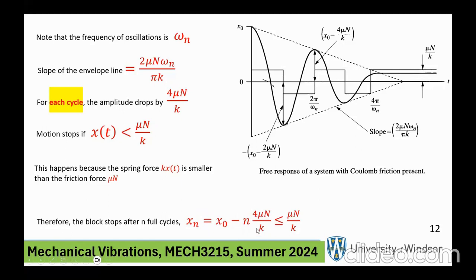See that? For 4 mu N over k per cycle, after n cycles it drops by that much. You start with x naught, drop that by that much, and if this number is less than mu N over k, we know that the thing stops. So we can figure out actually what n is, okay? So based on this equation, see that? This equation, we can solve for n, and we get that threshold value. So let me see, right there. So n equal to this, or slightly bigger than it, in that many cycles it stops. Let's do an example.